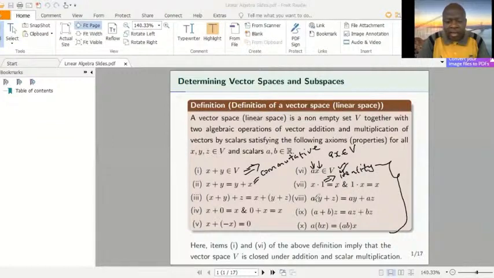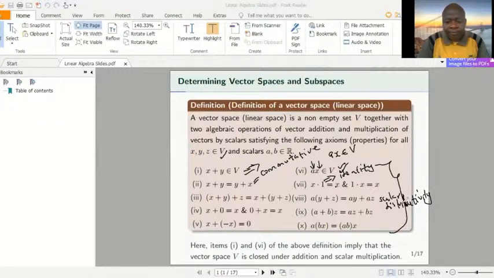So if a is the scalar multiplied into y plus z, where y and z are elements of the vector space, then when you distribute this scalar inside, you get ay plus az. So this is the scalar distributivity.